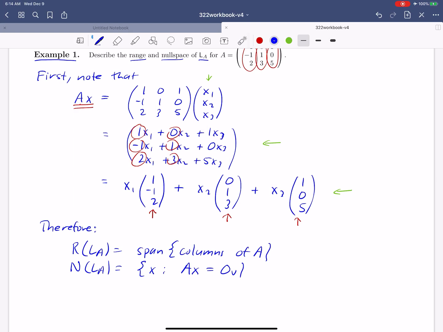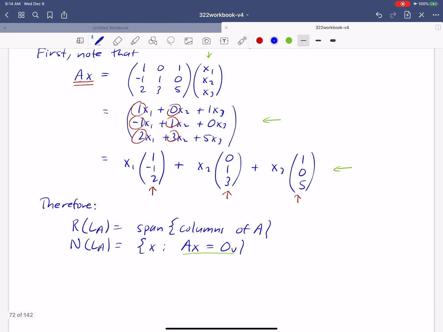What's interesting about that is that Ax equals the 0 vector is actually a system of equations, if you think about it. And so one way to describe the null space of LA is the set of all solutions to the system of equations that looks like Ax equals 0.